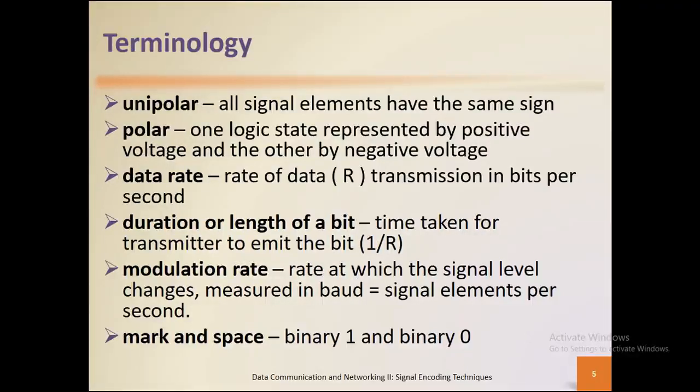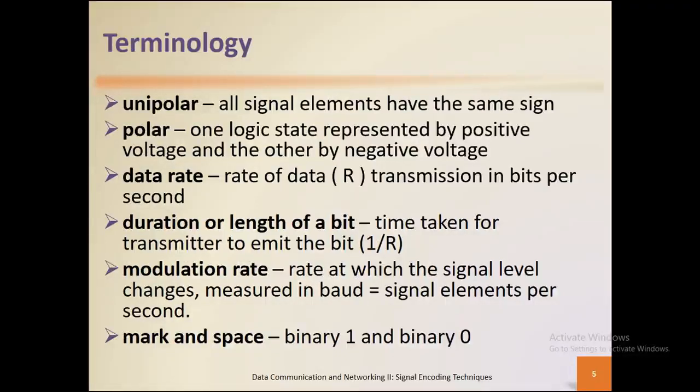Modulation rate is the time taken, probably at the analog level. It is the rate at which a signal level changes.